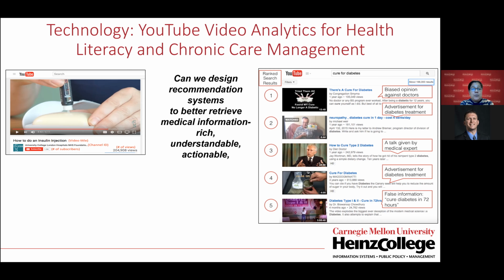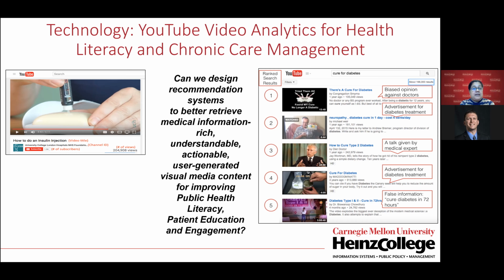But this time, what we want is to be able to retrieve videos on the topic of interest that actually contain medical information, are understandable to the viewer, maybe provide actionable guidance, and use this user-generated visual social media content. And with what goal? Well, maybe for the individual, it is health literacy. For the public, it is public health literacy, education, and engagement.